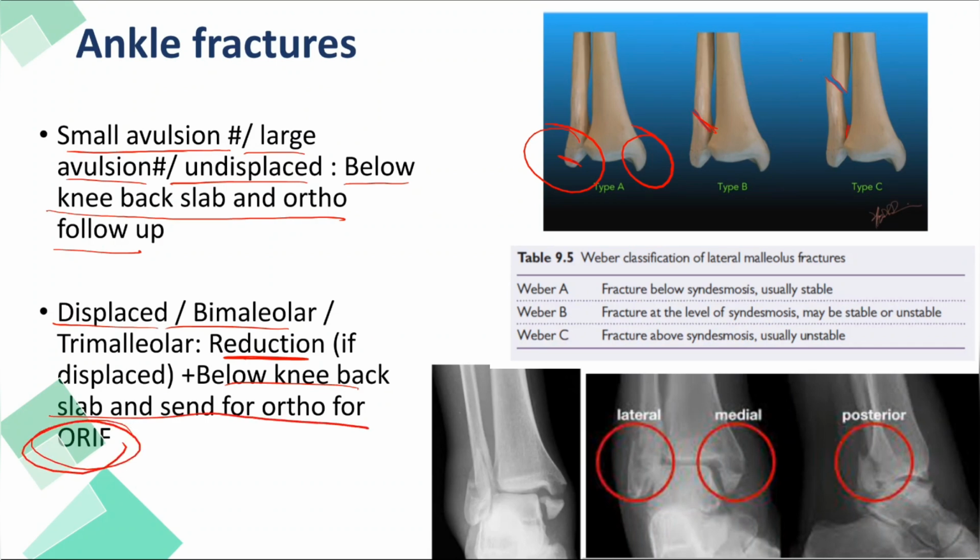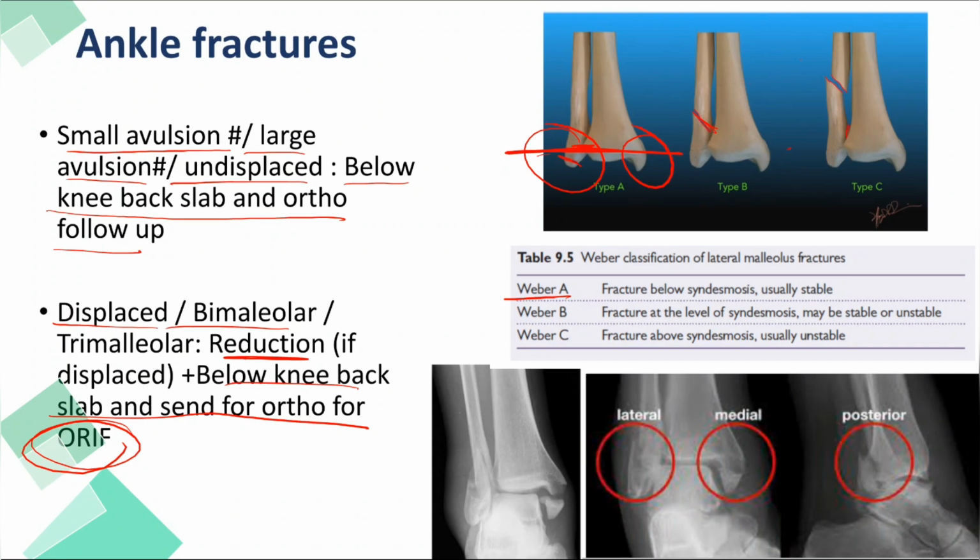There is a classification called the Weber classification of lateral malleolus fracture. In Weber A, the fracture is below the syndesmosis. The syndesmosis is somewhere here. If the fracture is below this level, it is called Weber A, and it is usually stable.